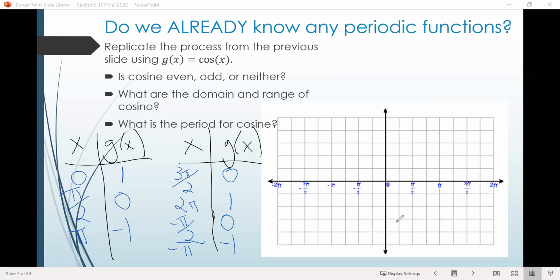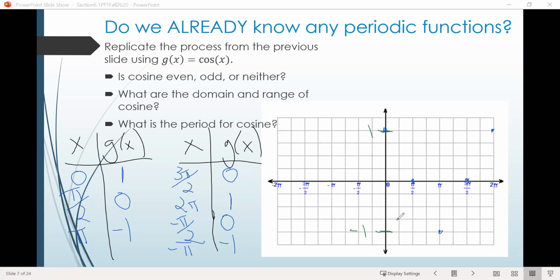I'll fill those in and then come back. To do some labeling here, I'll call this 1, this negative 1. So 0 gives 1, pi over 2 gives 0, pi gives negative 1, 3 pi over 2 gives 0, 2 pi gives 1.